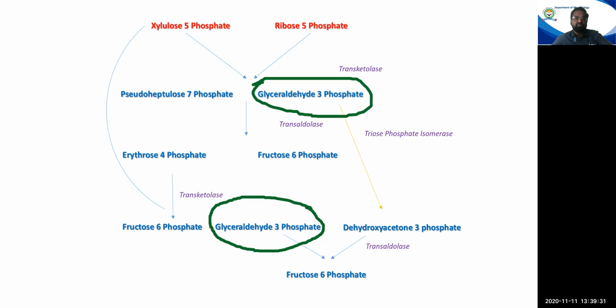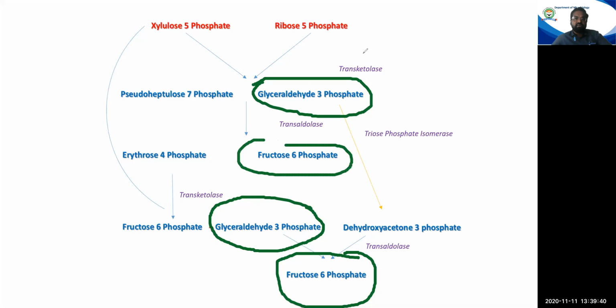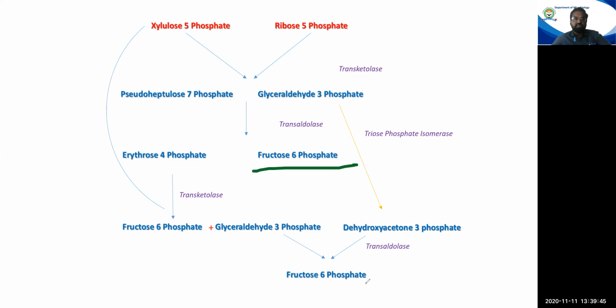It will lead to formation of fructose 6-phosphate. Okay, so 6 carbon compounds, this fructose 6-phosphate. Here we are seeing this one, and this one. What are these molecules? If these molecules are generated, they may enter the glycolytic pathway, EMP or ED, whatever the glycolytic pathway the cell prefers.